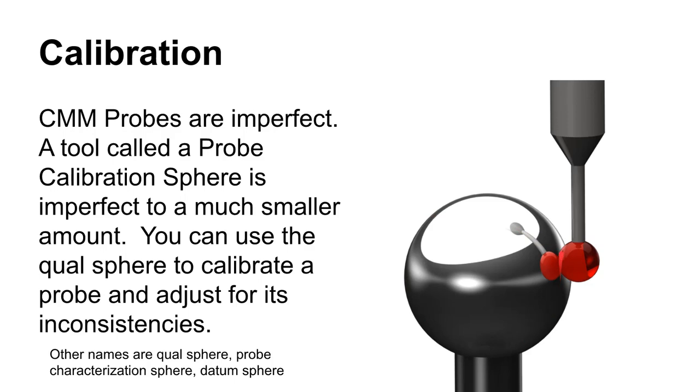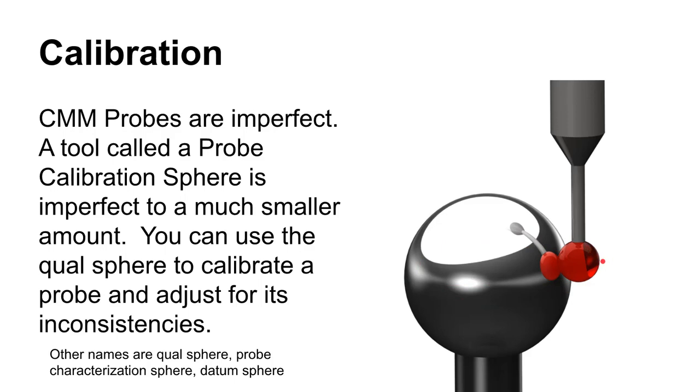The thing that does is this thing called a qual sphere, or calibration sphere. This sphere is made to a very refined sphericity, and it has a very well-known size. And so what you can do is characterize this probe by probing on this other sphere in a lot of different points, and the software will compensate for this.